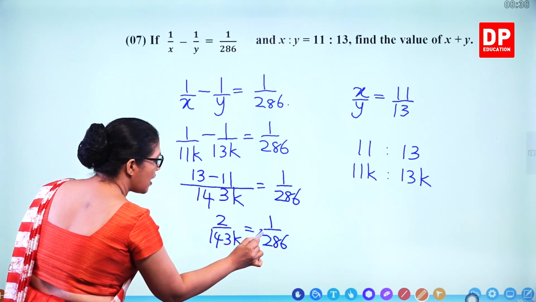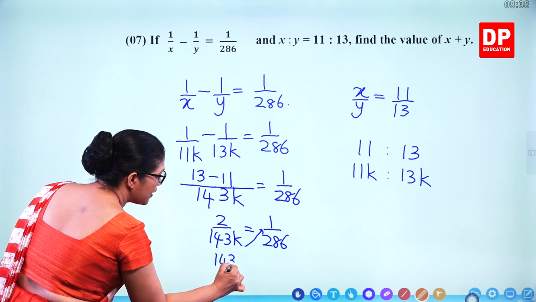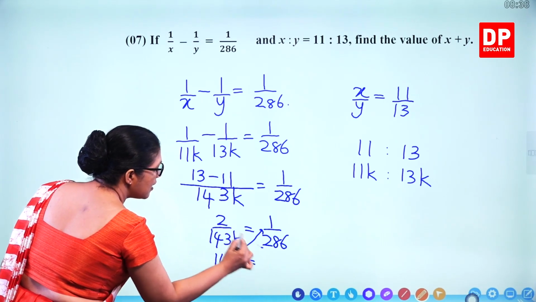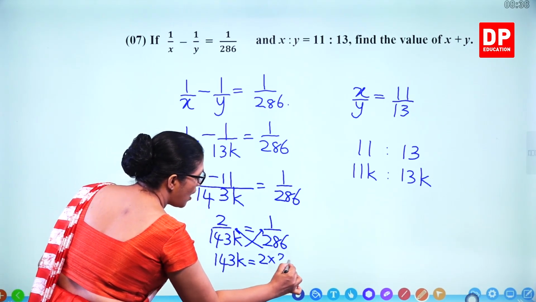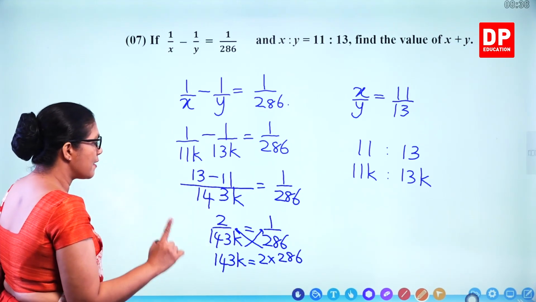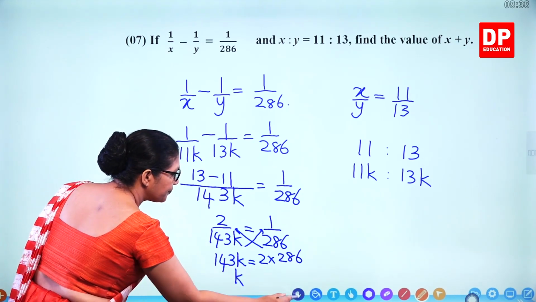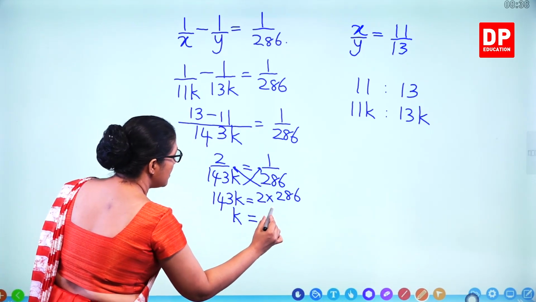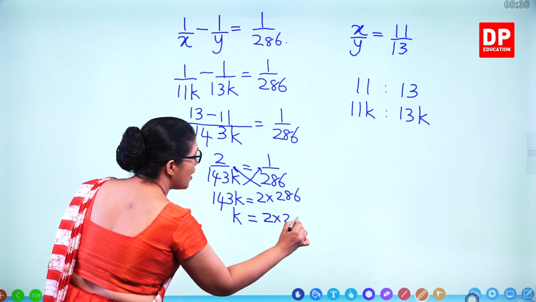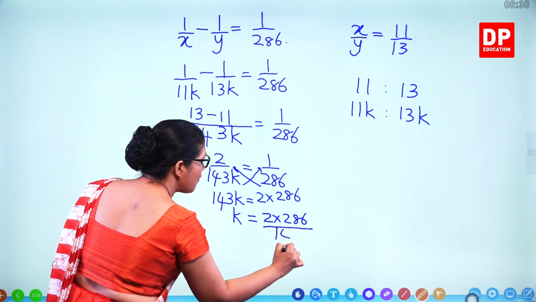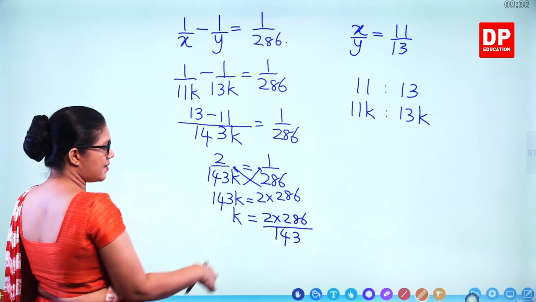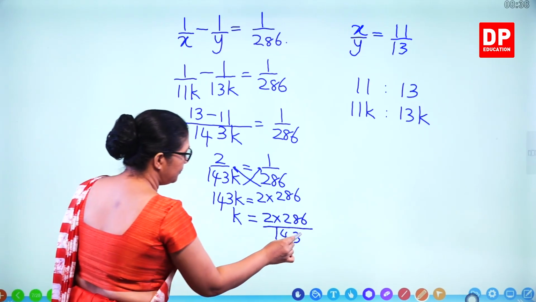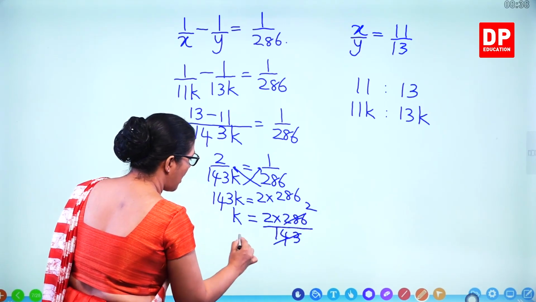So when you cross multiply, you get 143k equals 2 times 286. So the k value becomes 2 into 286 divided by 143. Can you see this is double? So k becomes 4.